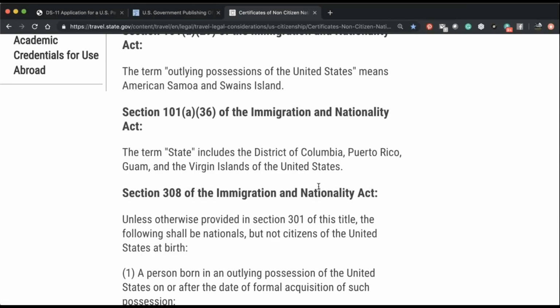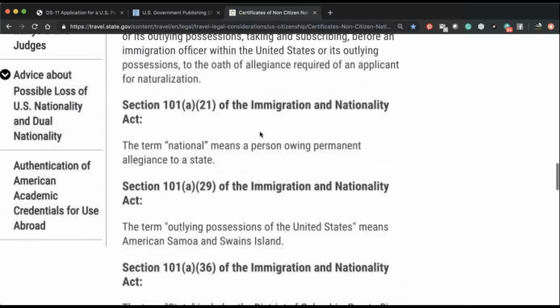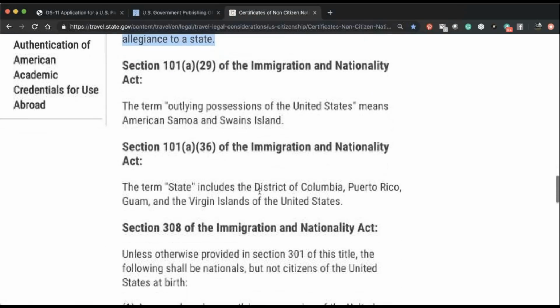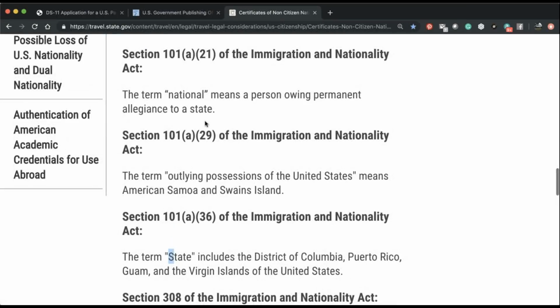The term State includes... now did you notice? Right here it says a national means a person owing permanent allegiance to a state. Did you notice how state is lowercase? Now you go here, it says the term State includes the District of Columbia, Puerto Rico, Guam, and the Virgin Islands of the United States. They're trying to trick you. Did you notice that State is uppercase S? It's showing you that this state does not mean the same thing.